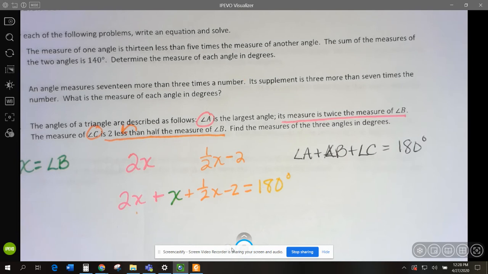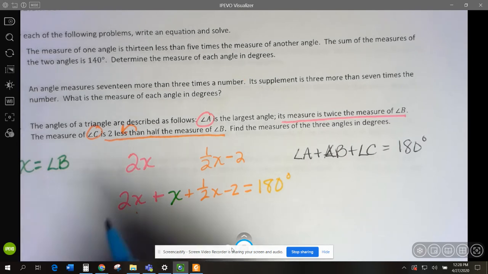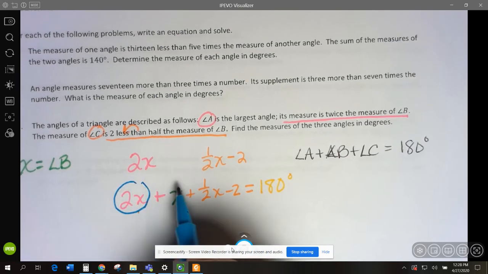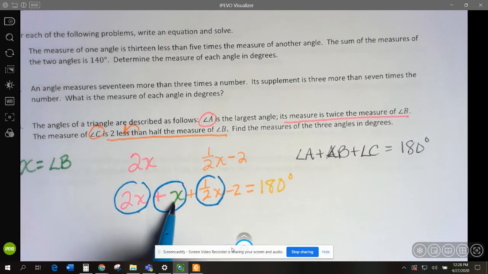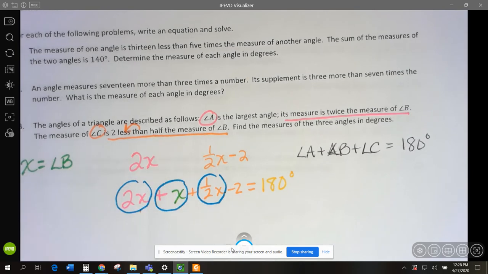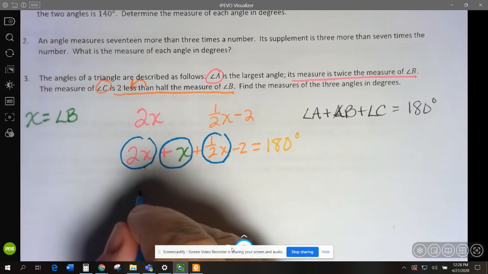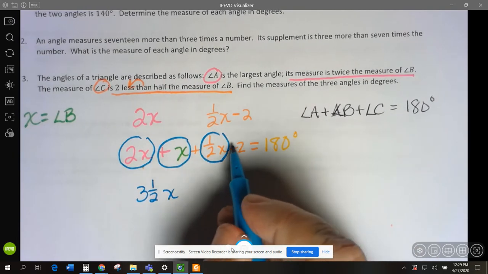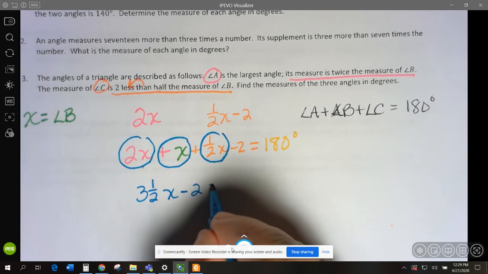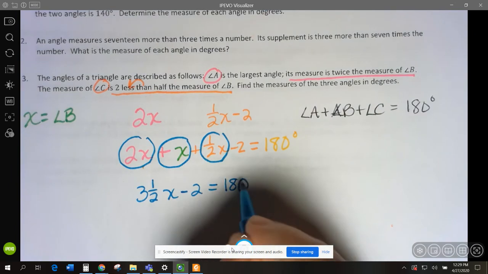Now let's combine our like terms. We have 2x plus x plus half of x is 3.5x, right? So we have 3 and 1/2 x. Then we have the minus 2 equals 180 degrees.